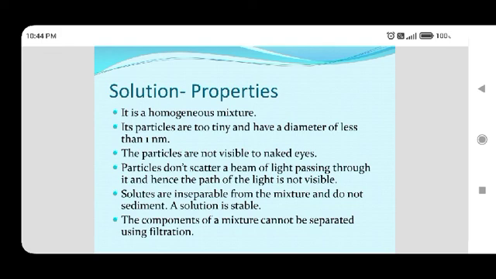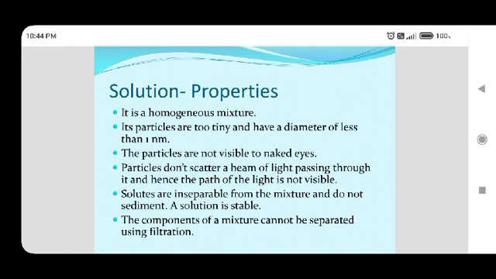So here the preparation of solution is made up of some solid, liquid or gas material of solutes, uniformly dissolved in the solvent. So the size is given: the solute particle should have a diameter of less than 1 nanometer.